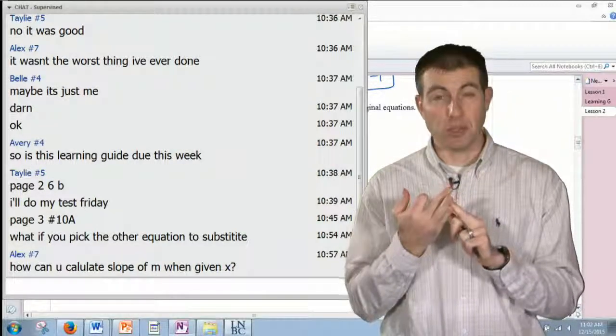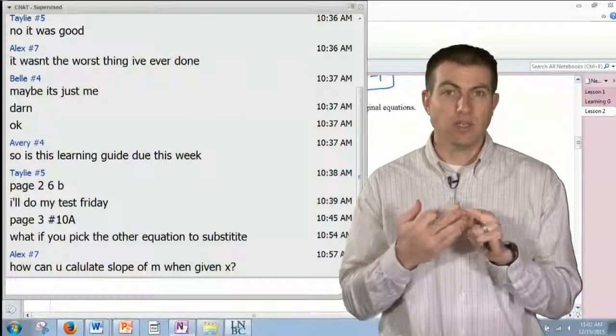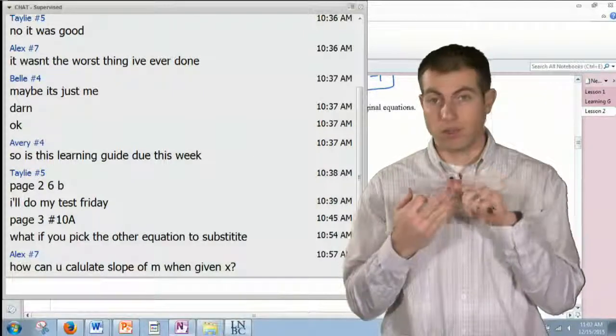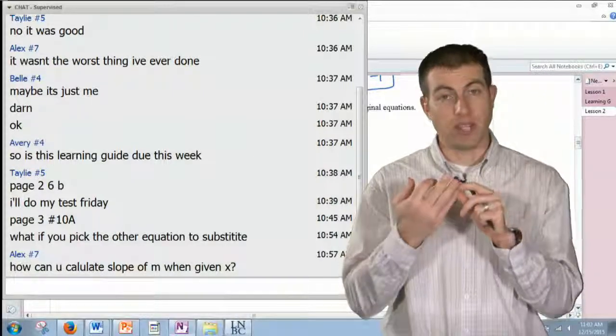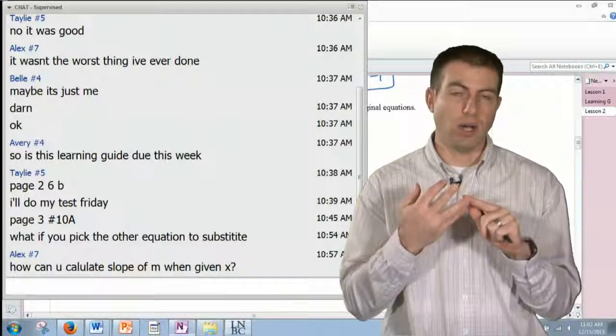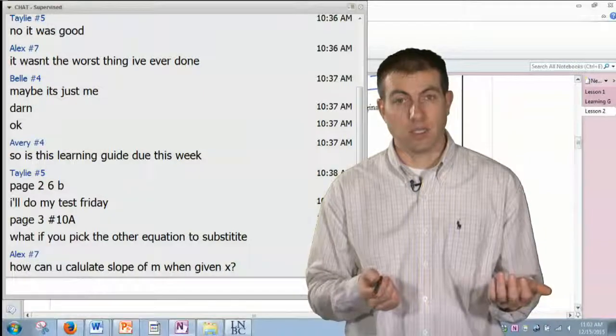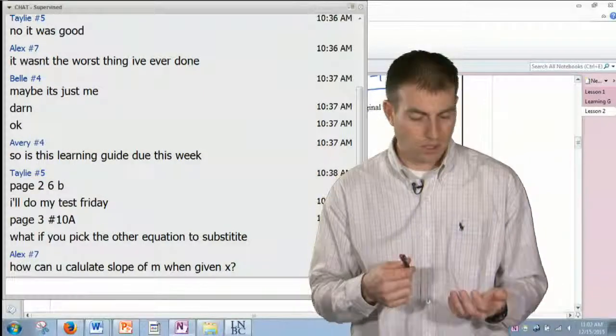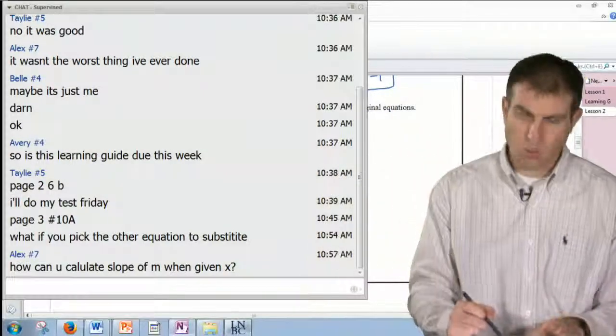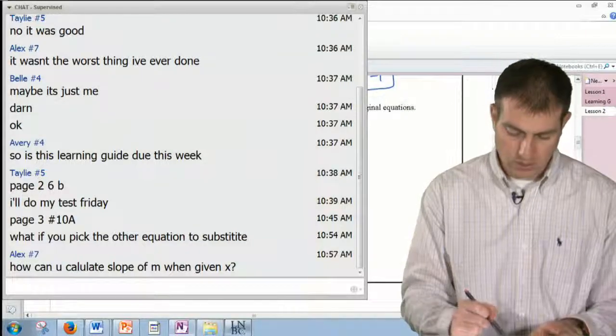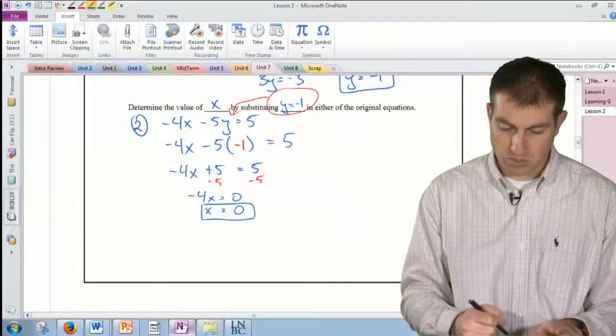You need to know two things in order to get the third. So if you know the x and y, you can find the slope. If you know the slope and the y, you can find the x. If you know the slope and the x, you can find the y. So I don't know if that answers your question. You can't unless you know two of the three things. But we're not talking about slope today, so I'm hoping that's coming from something we've done before.